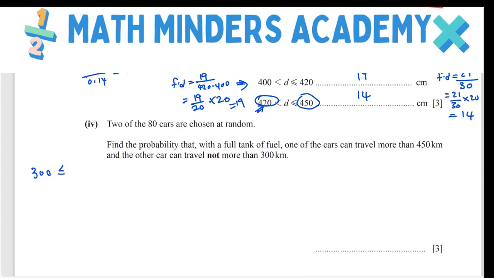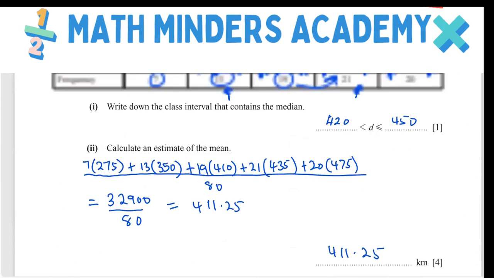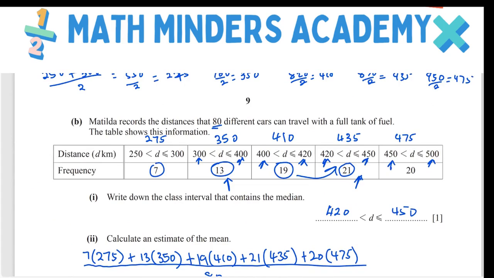And, one of the cars can travel more than 450 kilometers, and the other can travel not more than 300. So we now go back to look at this very scenario. We want to look at the car that can travel more than 450 kilometers. The one that can travel more than 450 is this last class here, 20.